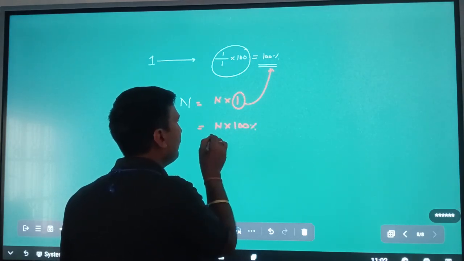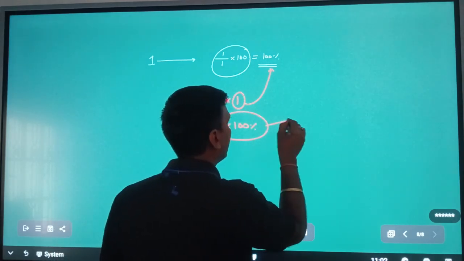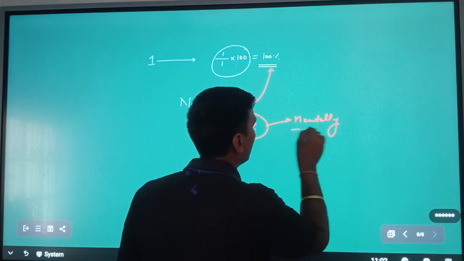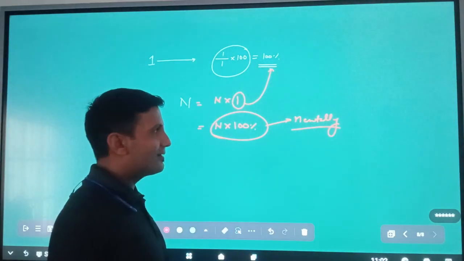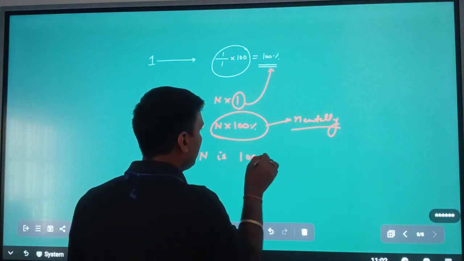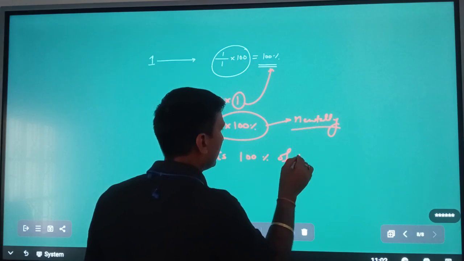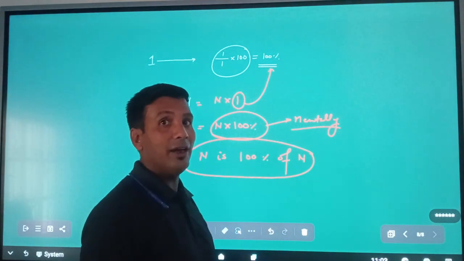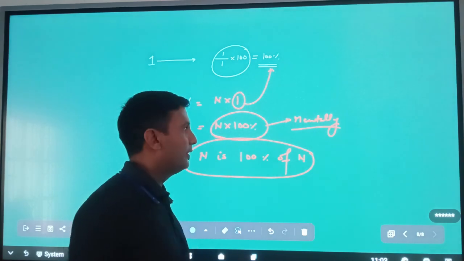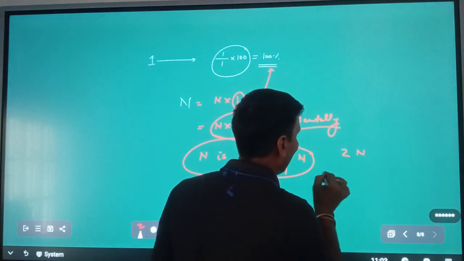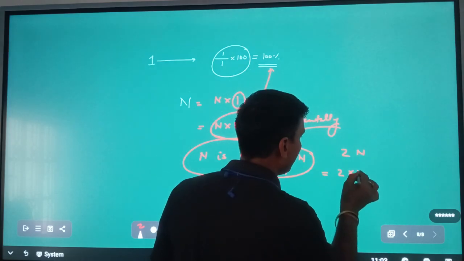And whenever we have to do it mentally, what can we say in words? n is 100% of n. Or we can say every number is 100% of itself. Similarly, if you have 2n, that means 2 into n.